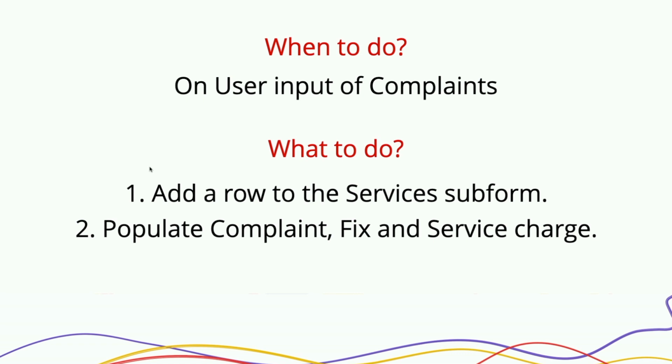So we have complaint, we have fix, and we have the service charge. We need to populate all these three pieces of information. And based on the number of services or number of jobs that need to be done, the total would also vary. So we'll also have to calculate the total based on the number of complaints you have selected. So on user input of complaints, we are going to achieve 3 different tasks.